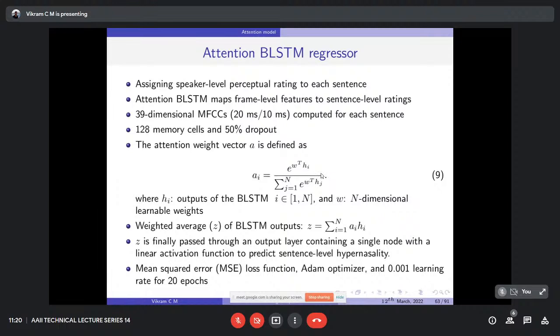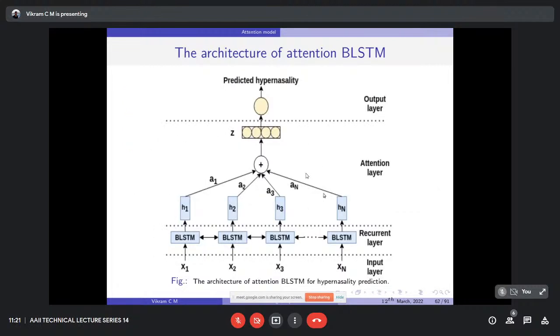After averaging, the scores are in a continuous range, with floating point values. Due to that, we used a regression model here. This is the weighted attention model: each state of the BLSTM model gets weighted, and they get averaged here.